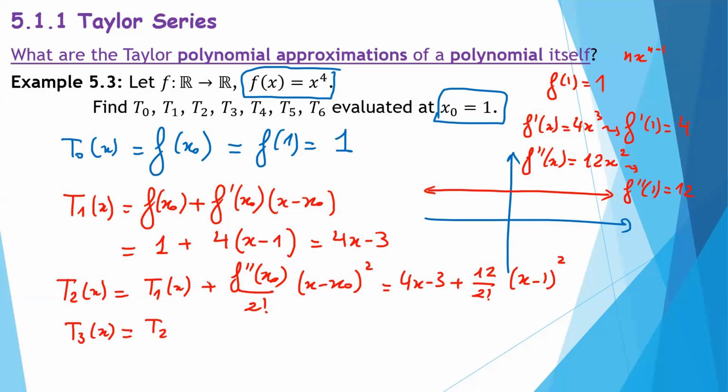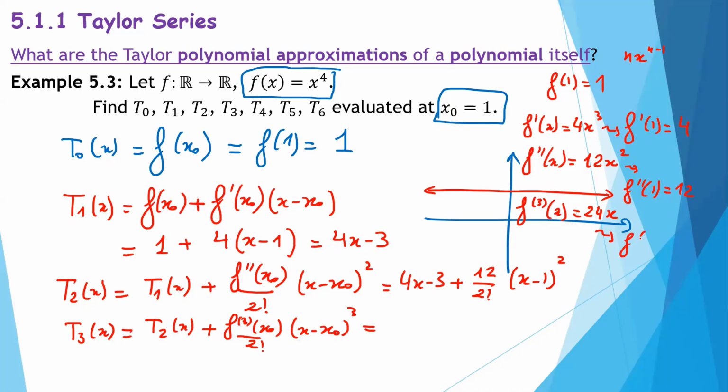It is T2 plus, and we add the term with the third derivative. Okay, what is the third derivative here? 24x.